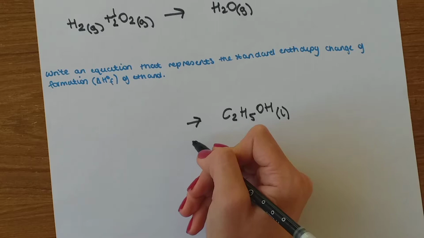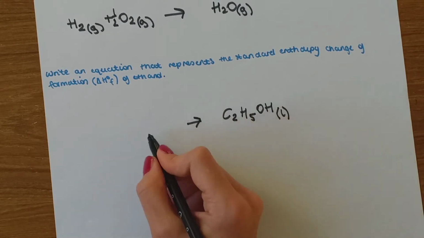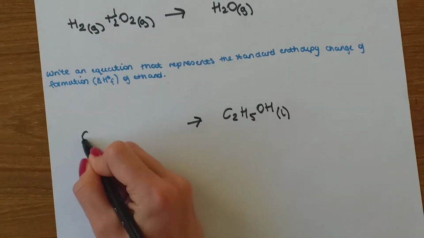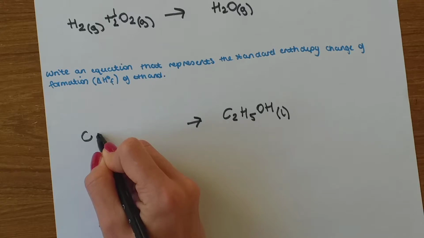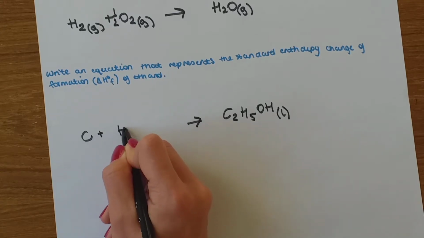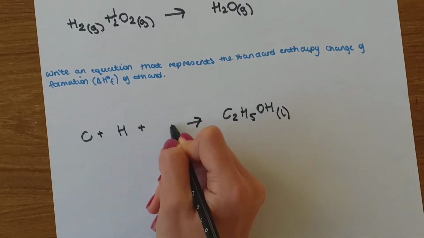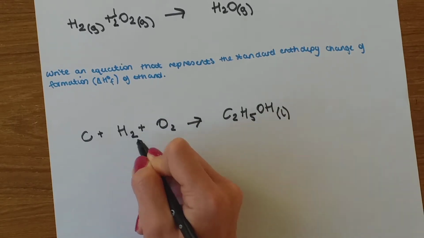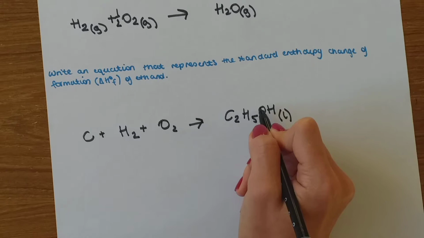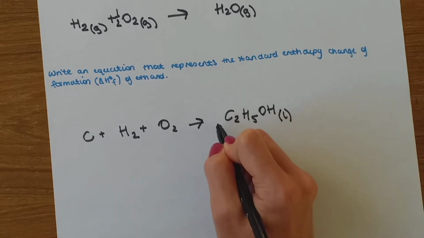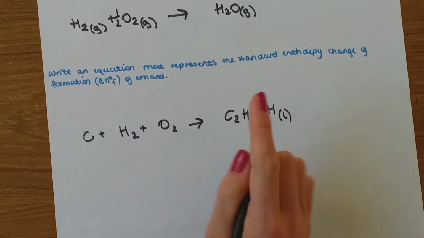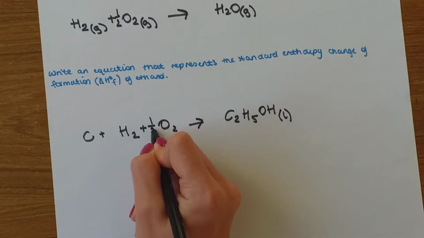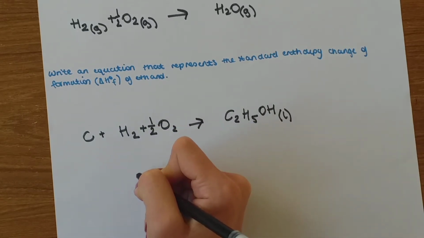What you've got to do next is find all the constituent parts. So it's carbon plus hydrogen plus oxygen. Oxygen and hydrogen go in pairs. You can see it's only 1 oxygen on this side, and you can't put any big numbers here because 1 mole has to be formed. So we only need half of oxygen.